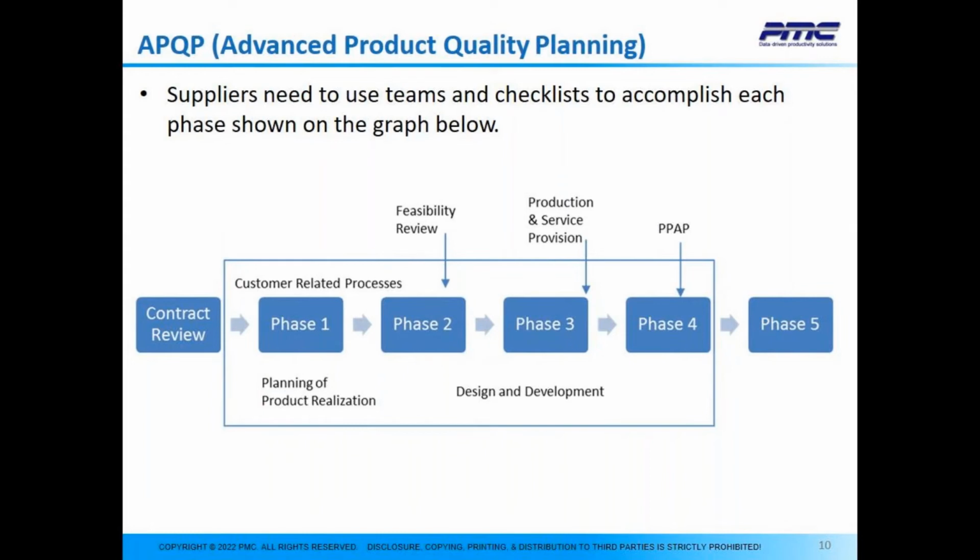The PPAP is an output of the APQP. The suppliers need to use teams and checklists to accomplish each phase shown on this graph. After contract review, we go through phase 1 through phase 5. I'm going to be talking about this in more detail a little bit later on. This is pretty much capturing the product life cycle.